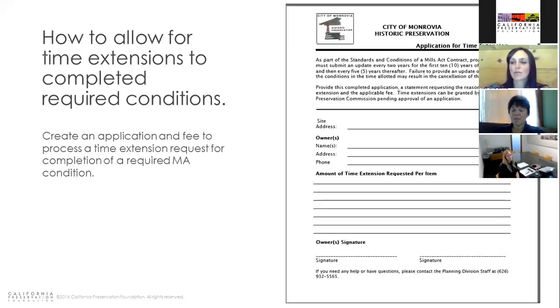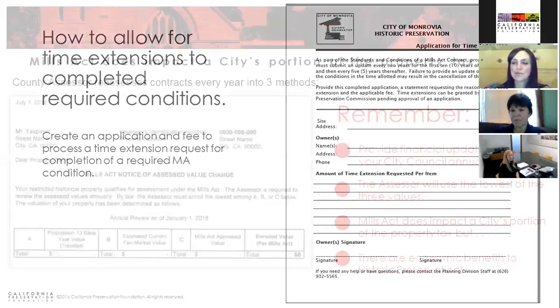I do remember in one situation a property owner said, I'll finish the seismic in 6 months, and the commission said, you know what, let's just give you a year. That way, if things aren't done, you don't have to come back and go through this process again. And it worked out great because they actually did still complete it within the 6 months that they had originally requested.